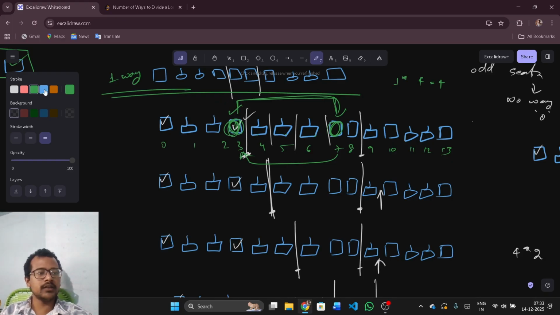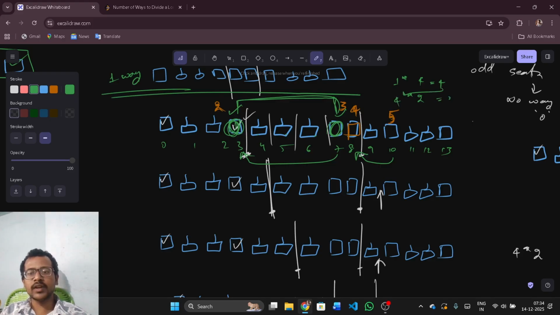Let me change the color. This is the second one, and this is the third one. Now, this seed is the fourth one and this seed is the fifth one. Now the difference between these two is 2. How do I get the answer? Into 2. What is into 2?